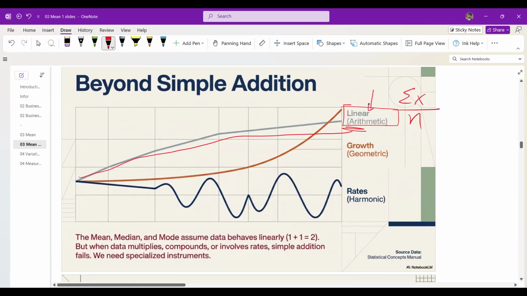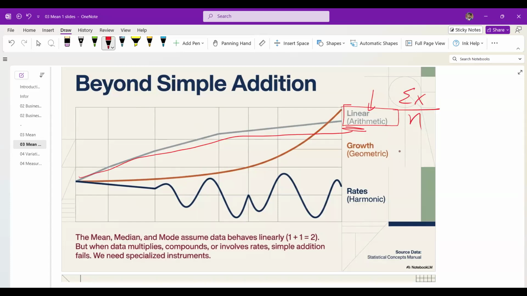This arithmetic mean can be applied in many scenarios in our day-to-day incidents. But there are some occasions where application of arithmetic mean may mislead our conclusion about the data set.